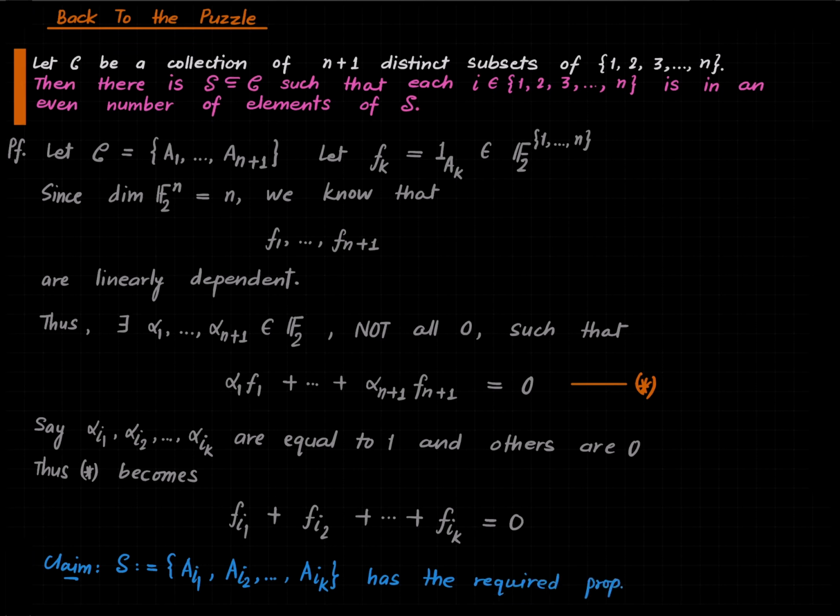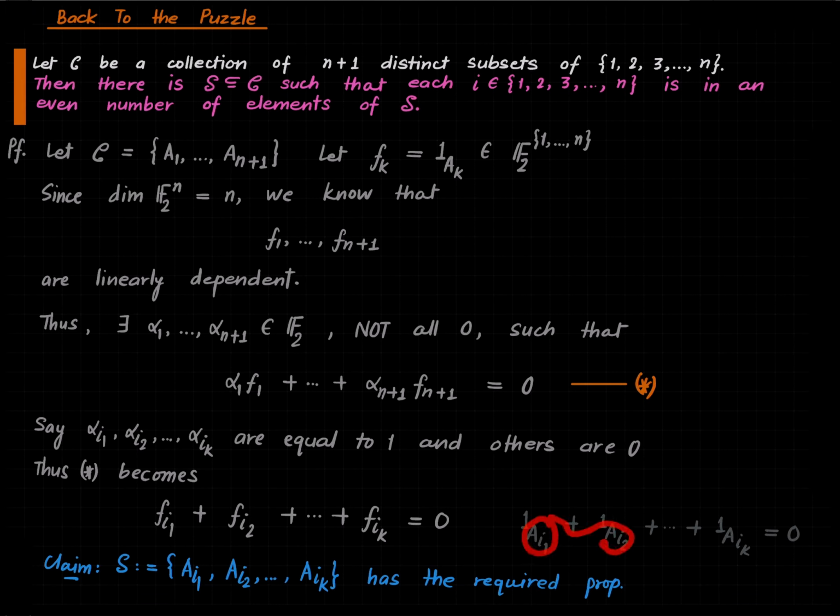To make things more clear, this equation is saying nothing but the following. It looks ugly because of so many subscripts, but what can I do? This is what that equation is saying. And we are just saying that if you make this your subfamily, then every element lies in an even number of these sets.